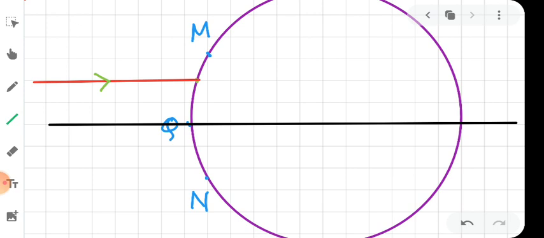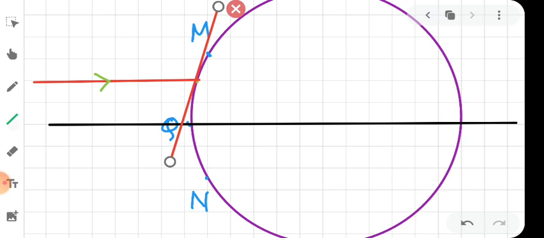You first build a flat interface. How do you do that? At the point of incidence, you draw a tangent, tangent to the point of incidence.